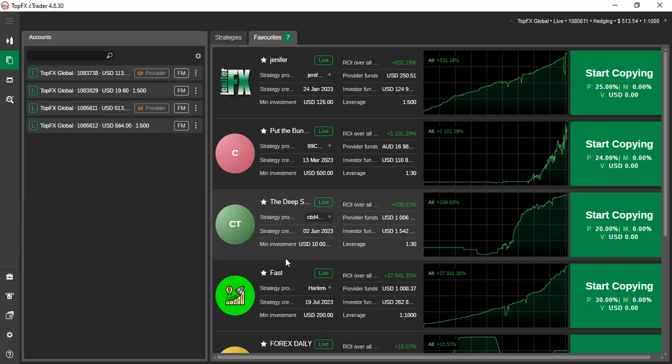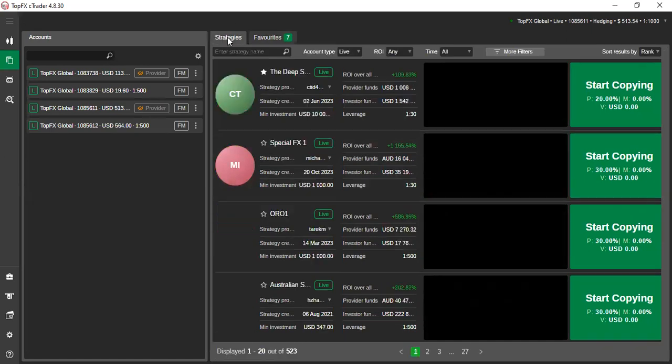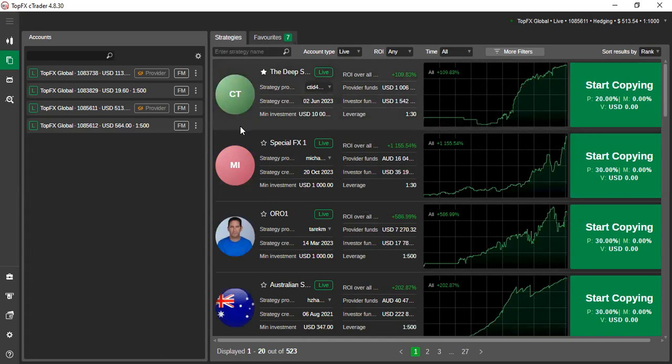So the limit every individual needs is 100 USD. But after the 100 USD, the trader you decide to go for will depend on the amount you have. If you want to go for a trader that has a 200 minimum, it means that you need to go for a $200 deposit, right? So let's go back to strategies, and these have been arranged by cTrader.